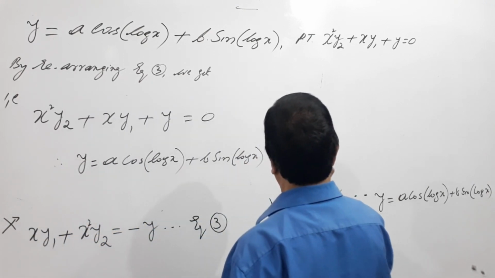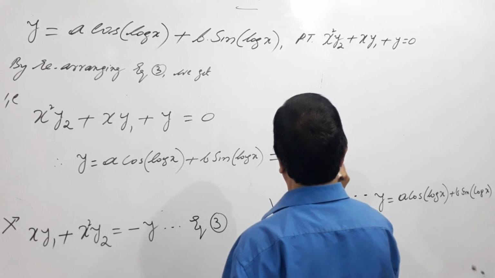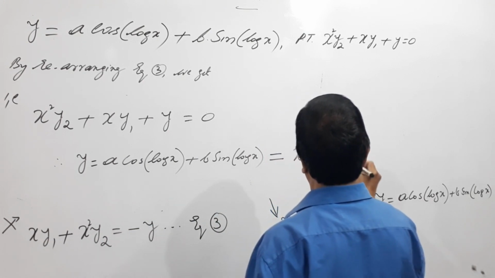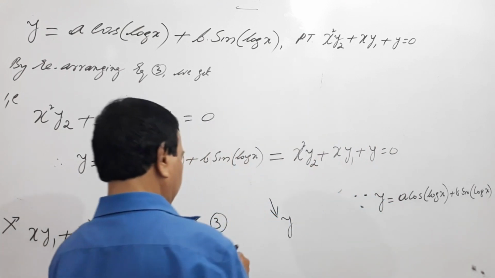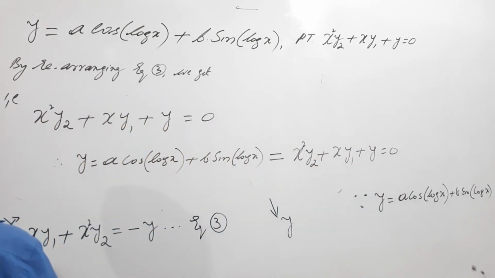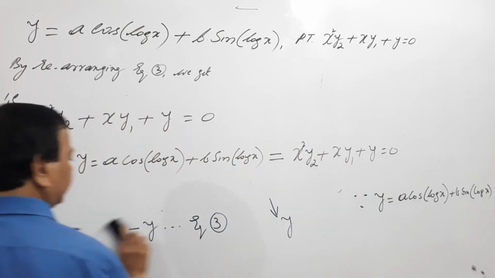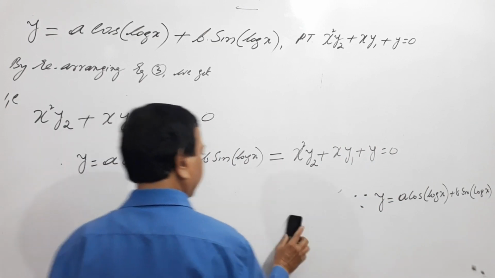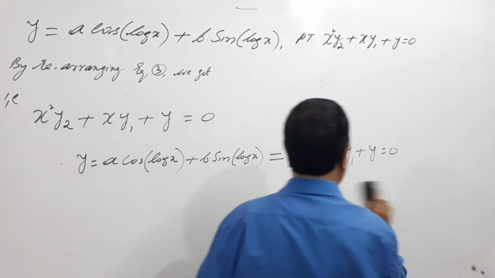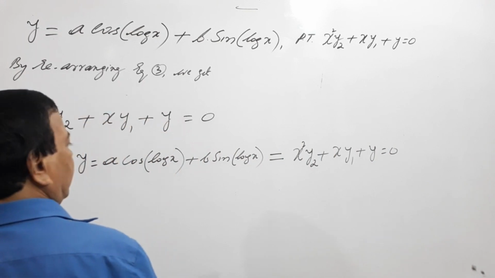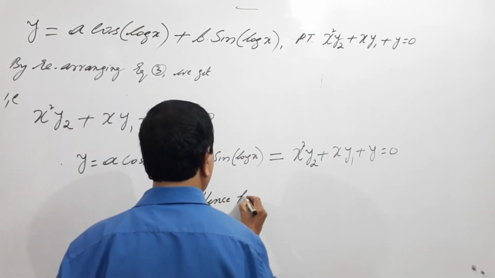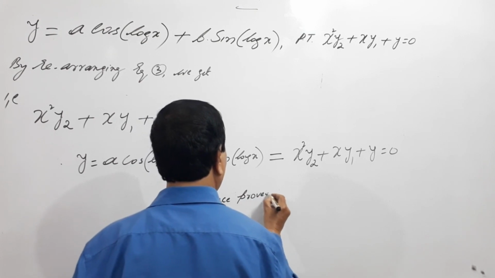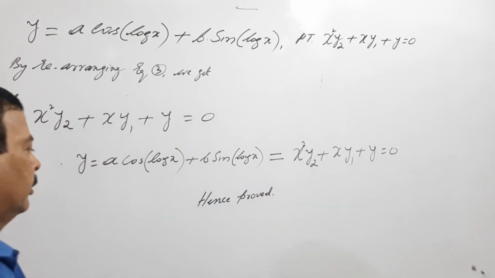This answer, that is x square y2 plus x y1 plus y equals 0. So I'll rub this. Hence proved.